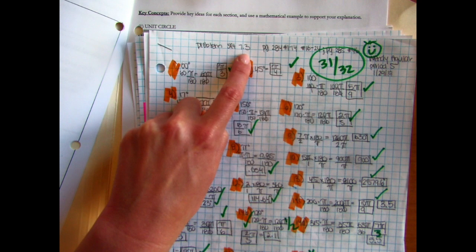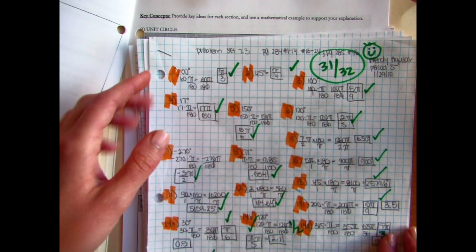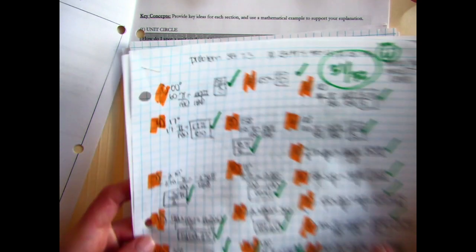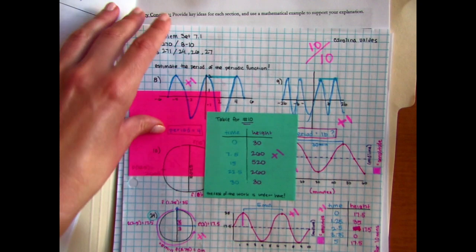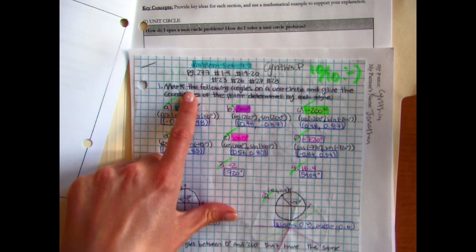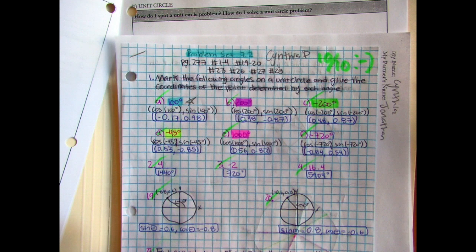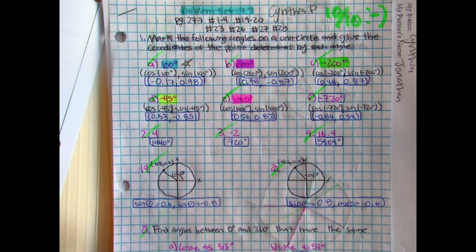Okay, and then I also see here I have mark the following angles on you. So I have a few. I'm going to go for the Unit 3 assessment. Okay. So I'm just going to go with this. And let me highlight this.